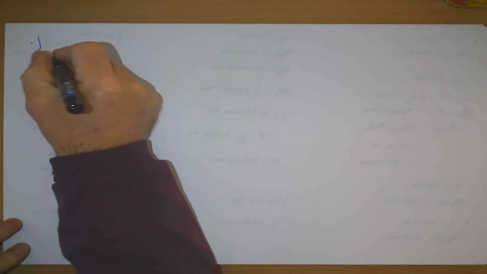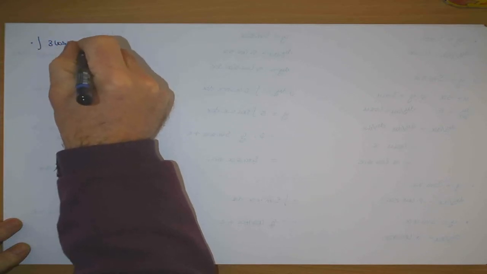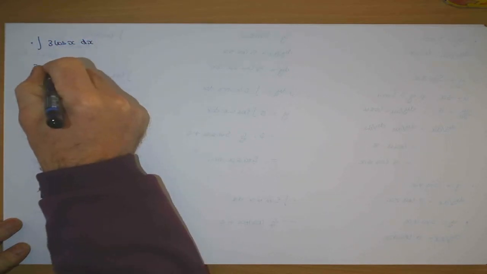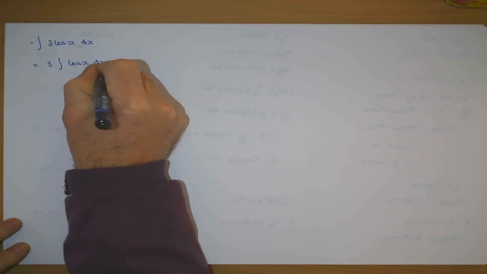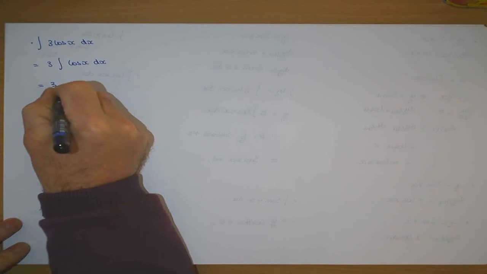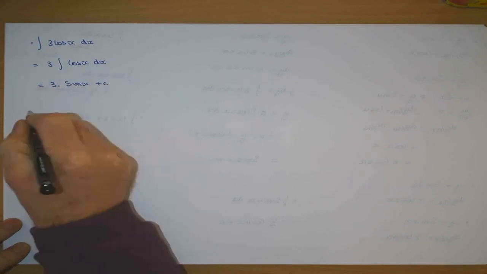So if I asked you to integrate 3 cosine x dx, that 3 is a constant. It's like 3 times the integral of cos x dx, which is 3 times sine of x plus c.